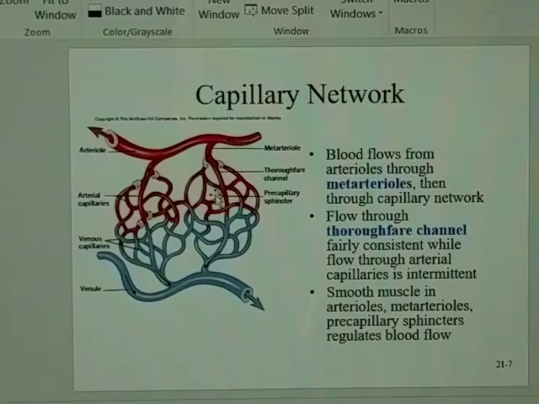This will be the way that the body can control the blood flow into a capillary network, because not every capillary of the body needs to be served with blood flow all the time, 24/7. The body's going to actually control that.